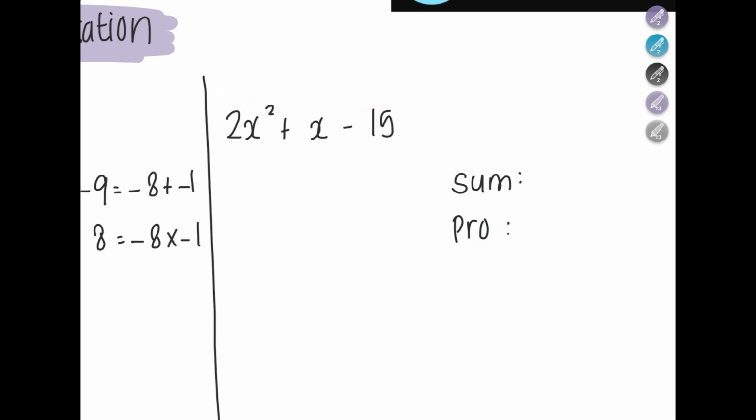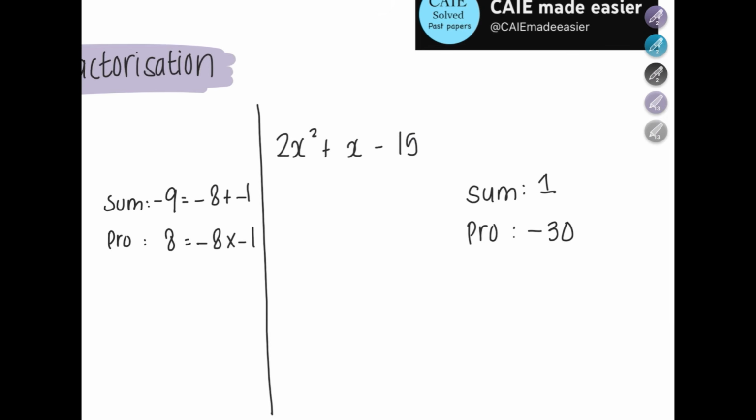What about the sum? We'll take the coefficient of x, which is 1, and then here negative 15 times 2, which is going to be negative 30. So what are our numbers going to be for sum and product? We can choose negative 5 times 6. This gives us negative 30, and then negative 5 plus 6 gives us 1.